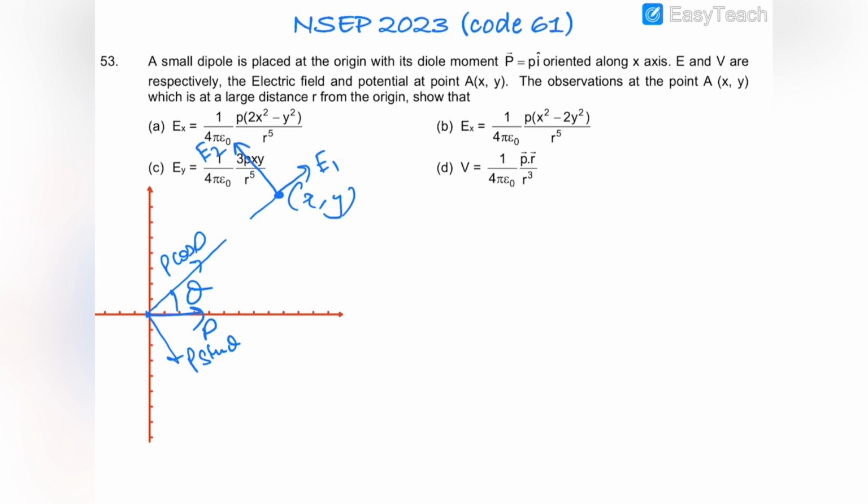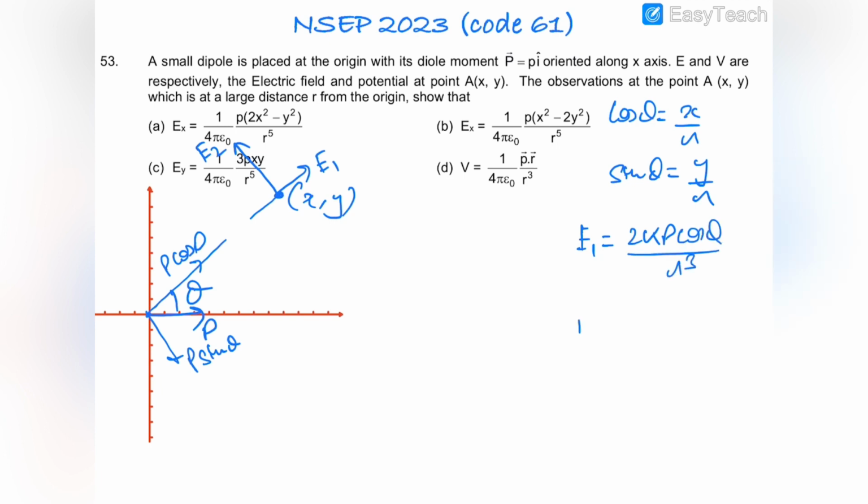E1, so first of all, cos theta is equal to x upon r, sin theta is equal to y upon r. E1 will be equal to 2kp cos theta by r cube, and E2 would be equal to kp sin theta by r cube. Okay, and the x component of electric field, this is Ex, this angle would be theta and this angle would be theta.